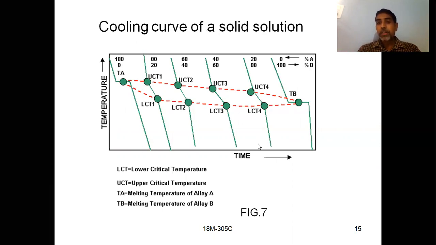You are having different cooling curves for different compositions and different temperatures. Okay, so time, temperature and composition are all varying here. So based on the variations, how the cooling curve will be can be shown on this diagram. Okay, this is for understanding purposes.